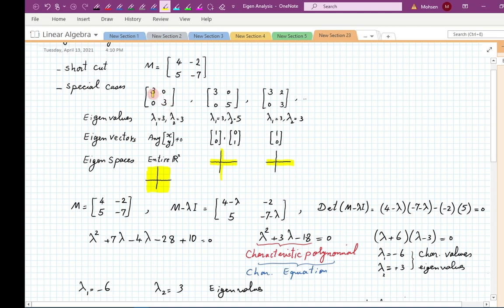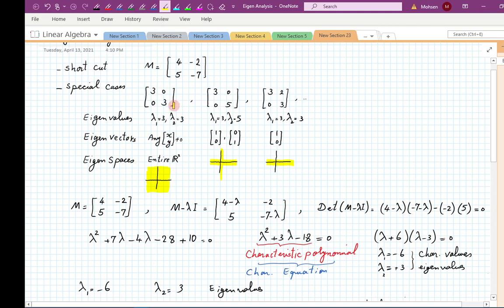Special case number 1, I have (3, 0; 0, 3). You recognize that it's just 3 times the identity. When we go find out, the eigenvalues are just going to be these two numbers. A peculiar thing is going to happen when we try to find the eigenvector: everything becomes an eigenvector.